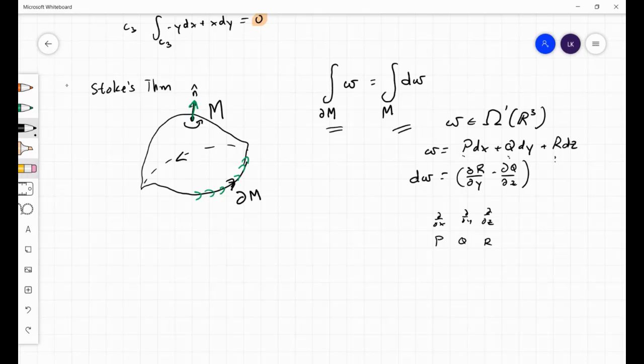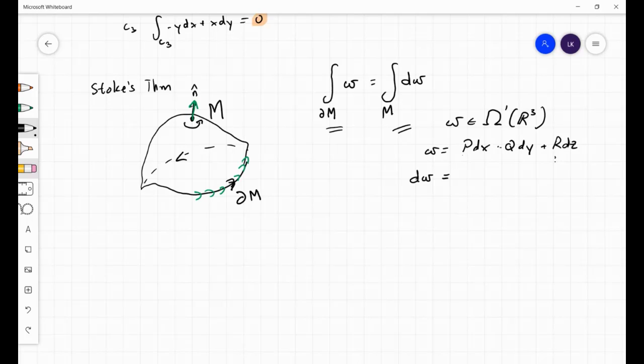So this would be dz dy, yeah? Well, actually, we'll just look at that later when we look at differential forms to see how a curl corresponds to the exterior derivative of a one form.